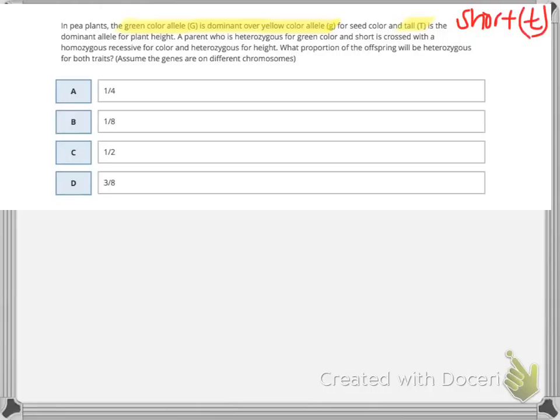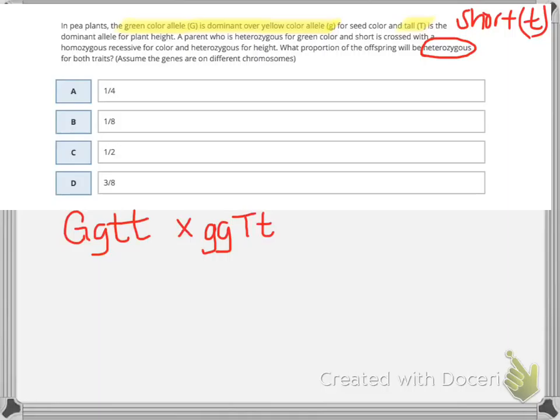Continuing on, a parent who is heterozygous for green color, so big G, little g, and short, little t, is crossed with a homozygous recessive for color and heterozygous for height. So these are the parents. What proportion of the offspring will be heterozygous for both traits? I'm looking for just this combination.